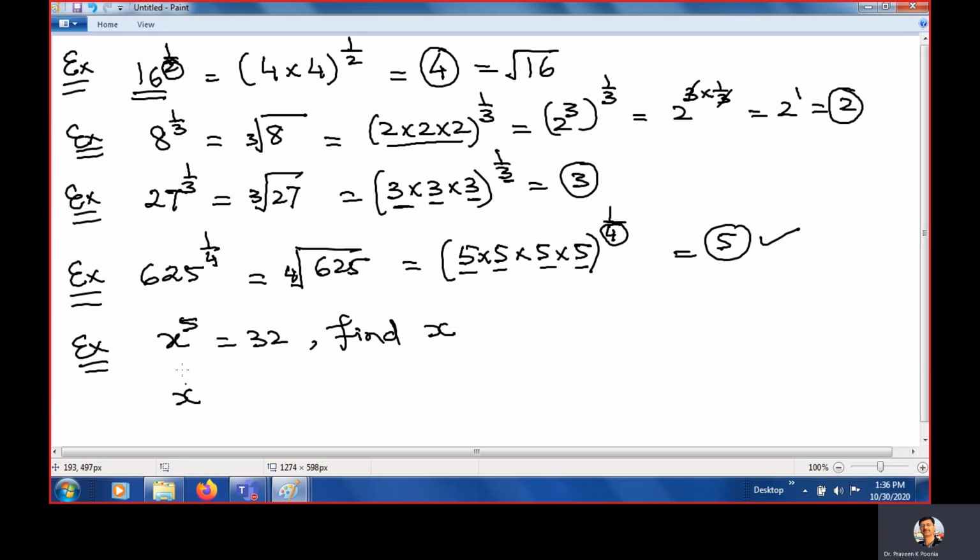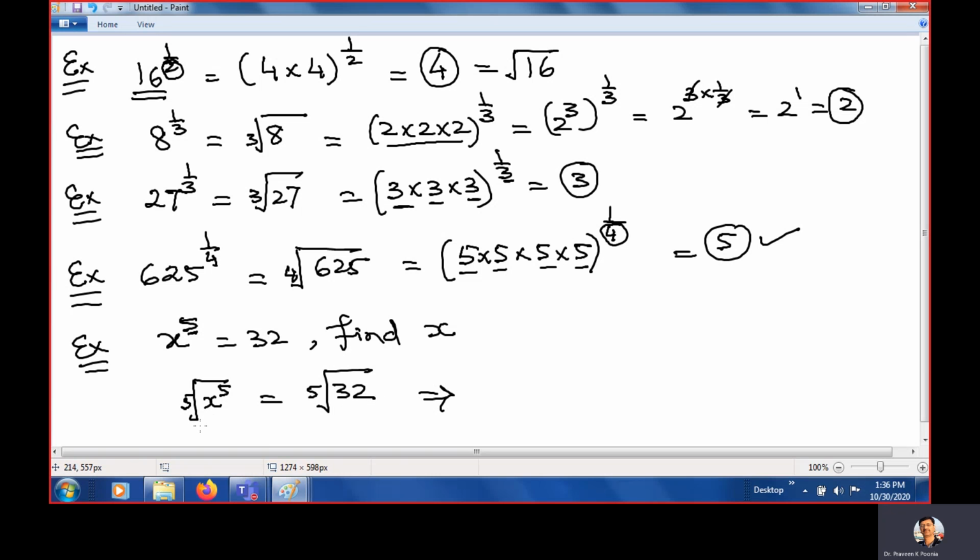So what will we do? x is equal to 32 to the power 1 upon 5. Please remember this. Or in another form, you can do another one. Here it is 5, so we can take the fifth root of these numbers. Here it is x power 5, so we can take the fifth root.